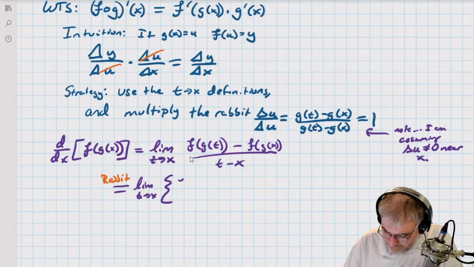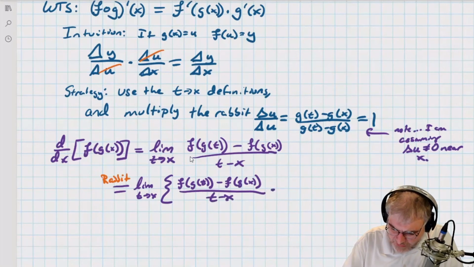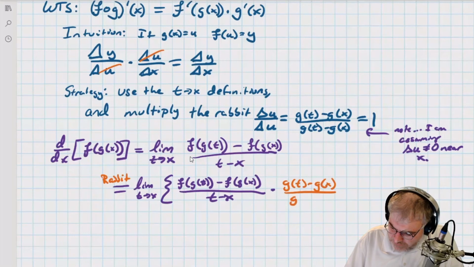And I get f of g of t minus f of g of x all over t minus x times, and here's the rabbit, g of t minus g of x all over g of t minus g of x.